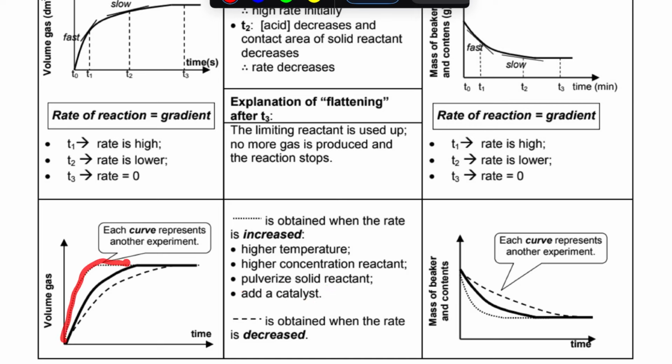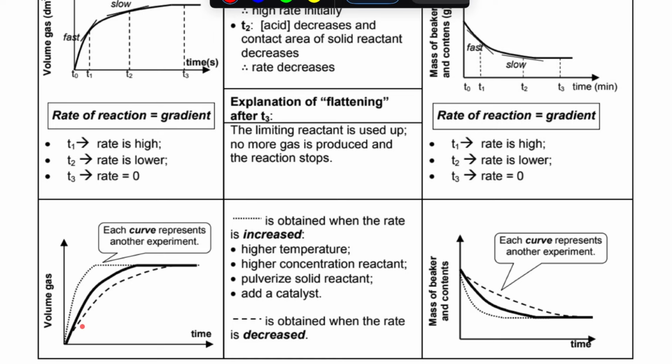So here you have three graphs now. Let's say you've conducted three experiments, but you've changed one of the factors. This is the original one, but this one is obtained when the temperature has been increased, concentration increased, and state of division has increased, or you added a catalyst, right? But this one below means you have decreased from the original one.